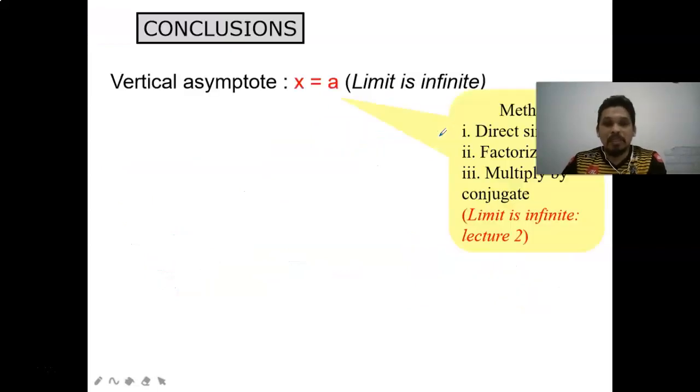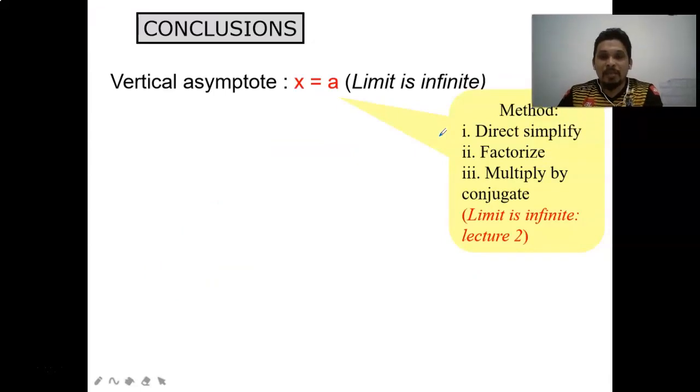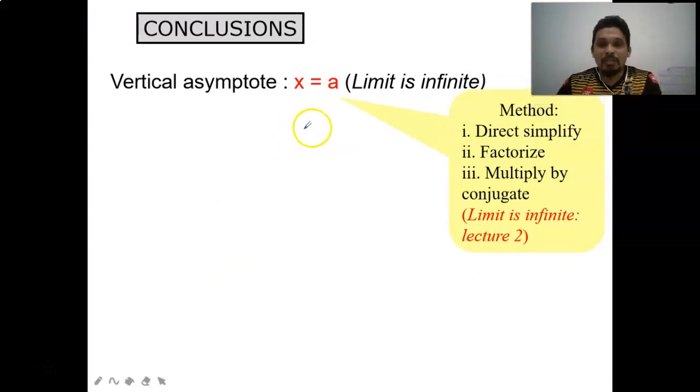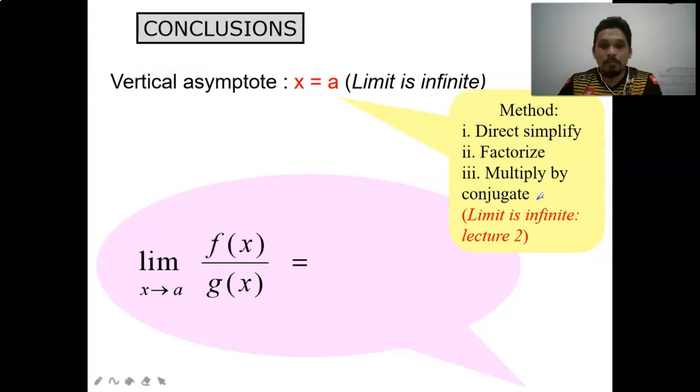Okay, conclusions. For the vertical asymptote, we may find it directly using direct simplification, factorization, or multiplying with the conjugate, and also the limit of this one here. Positive value divided by 0 from the positive side equals positive infinity.